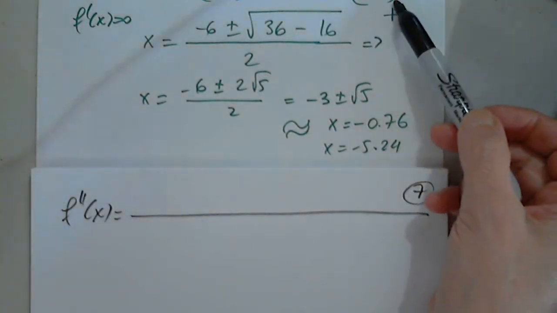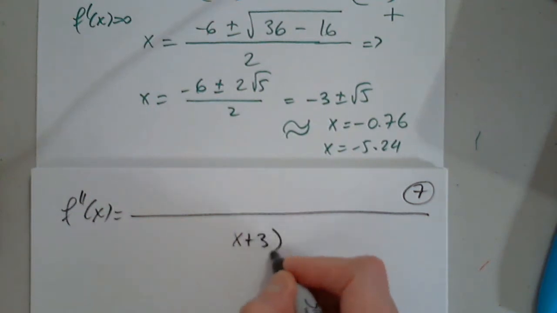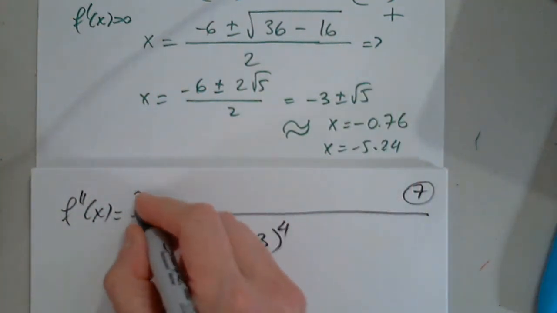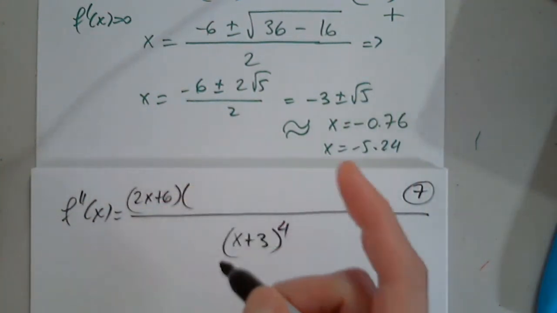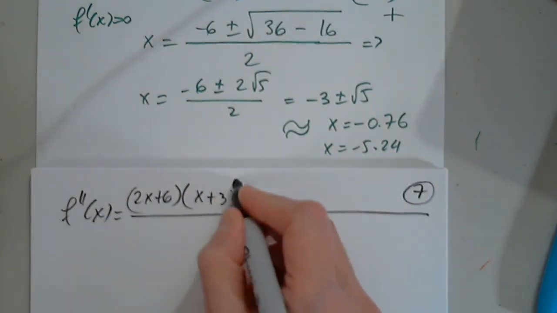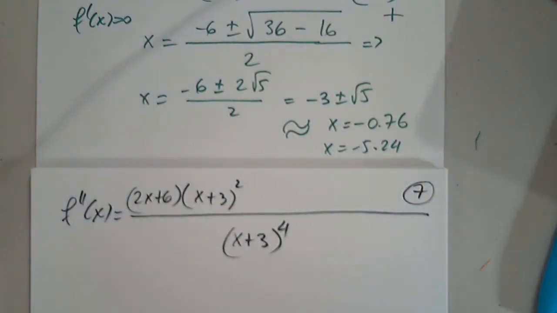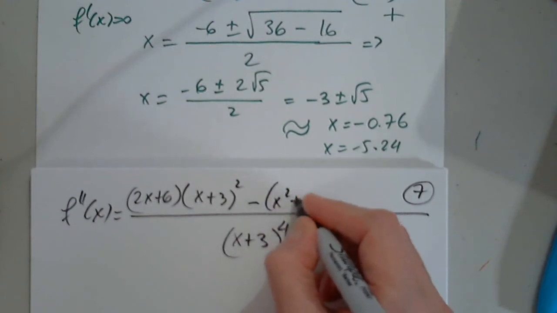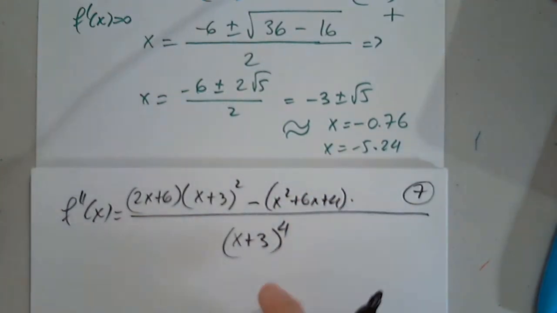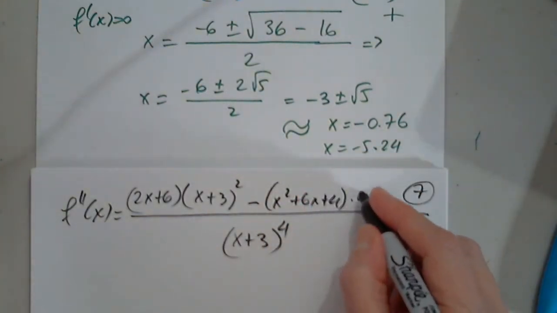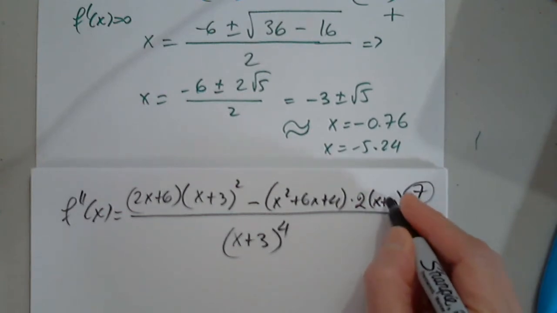So x plus 3 to the 4th power, the top prime, 2x plus 6 times the denominator. Maybe I won't run out of room this time. Minus x squared plus 6x plus 4 times the denominator prime, which is 2 times x plus 3. Almost there.